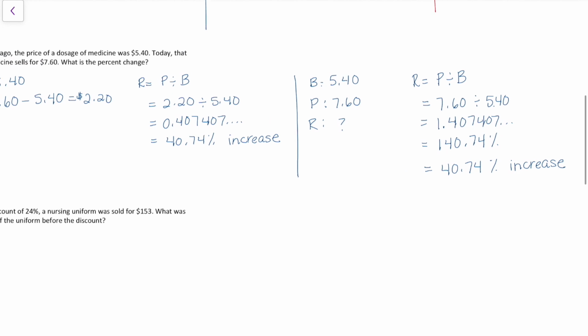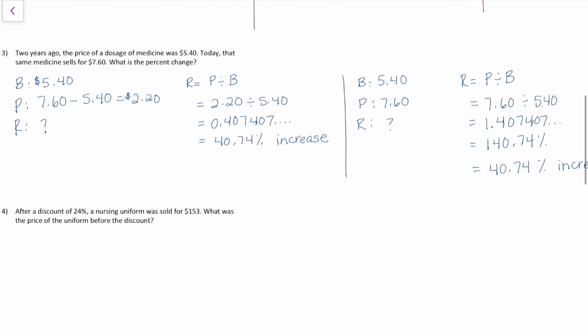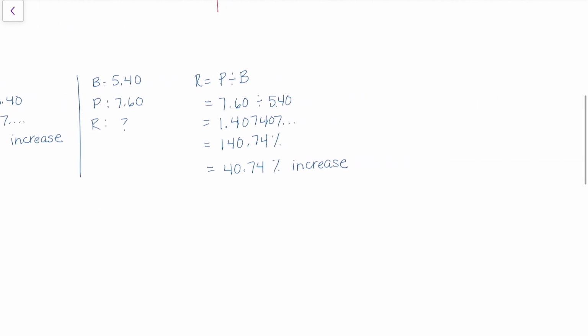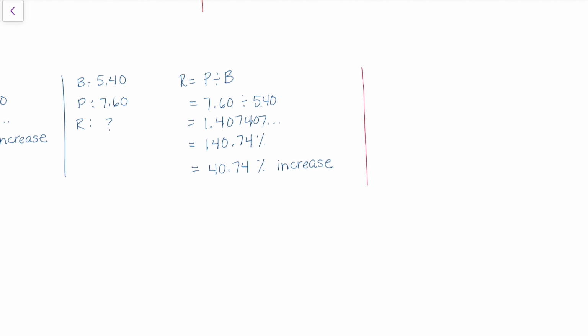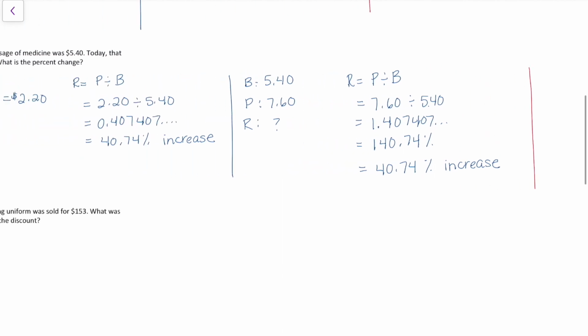You just have to really think about what is base, what is portion, and what does that rate represent. Now, if you had done this using proportions, then you would end up with kind of the same thing.